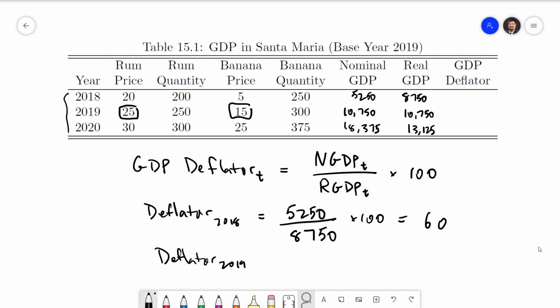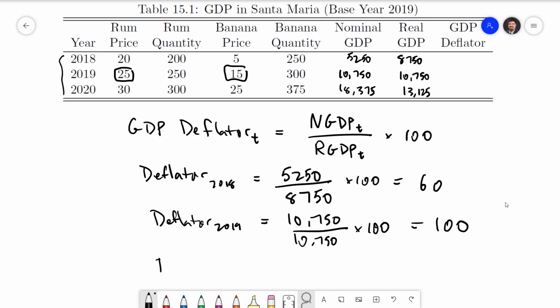In 2019, we have a nominal GDP of 10,750 and a real GDP of the same thing times 100, and so we get 100. Since the real GDP and nominal GDP are always the same in the base year, the deflator is always going to be 100. Finally, let's do this for 2020.